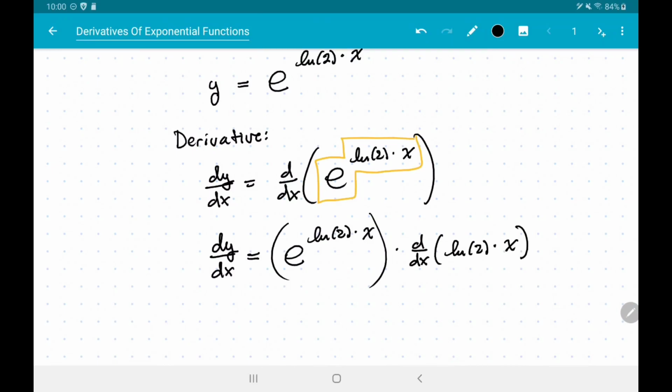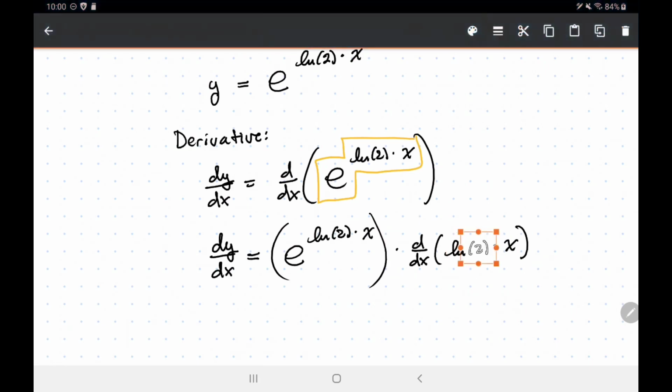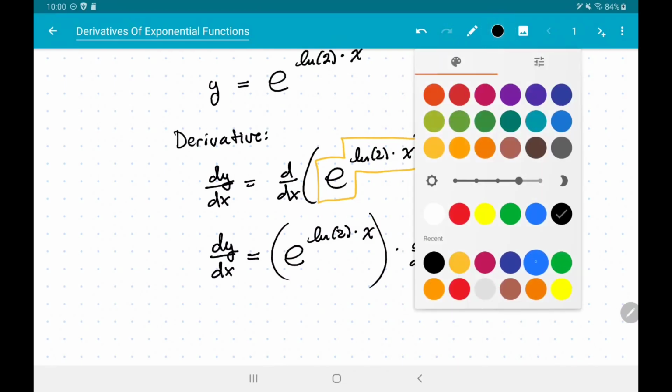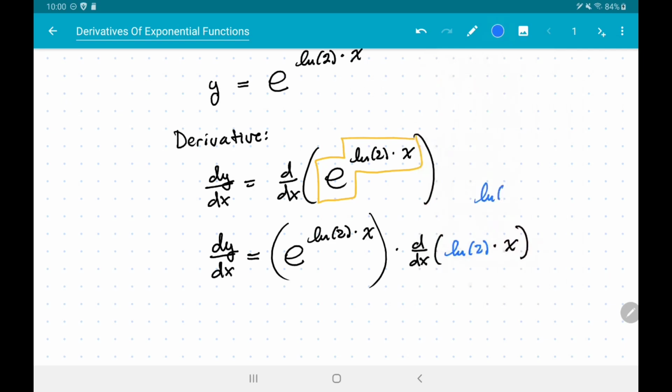Now at this point, there's something that's very easy to be confused about. We're going to take the derivative here in this chain rule part, but look very carefully at this ln of 2. ln of 2 is a constant. ln of 2 is approximately 0.69.